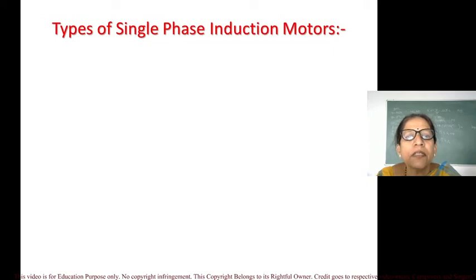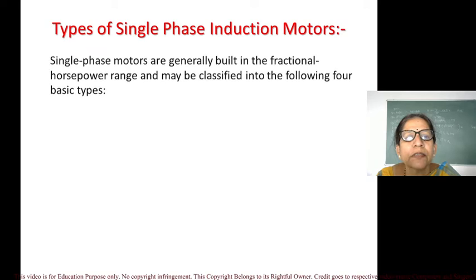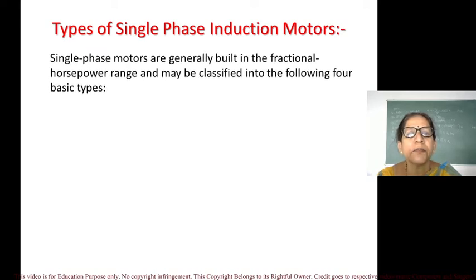So we will start with the first point, that is types of single phase induction motors. Single phase induction motors are generally built in the fractional horsepower range, and they are classified into the following four basic types. These motors are generally small rating motors, specified in terms of FHP, that is fractional horsepower.